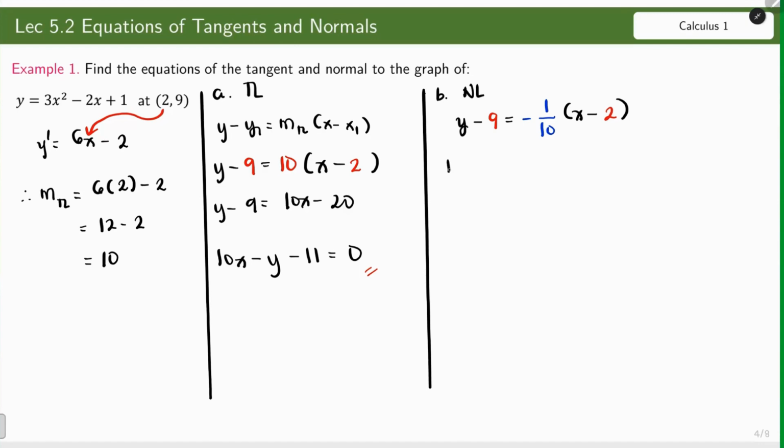Simplifying, we have 10y minus 90 is equal to negative x plus 2. The negative here will be distributed here. Simplifying further, we have x plus 10y minus 92 is equal to 0. So these are the equations of the tangent and normal lines.